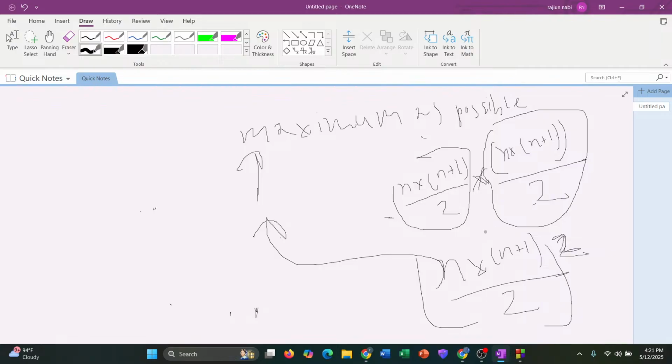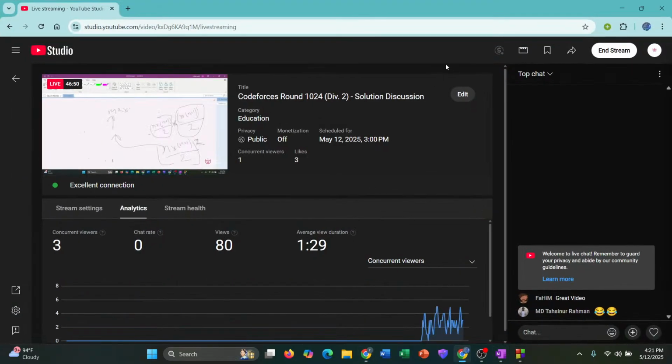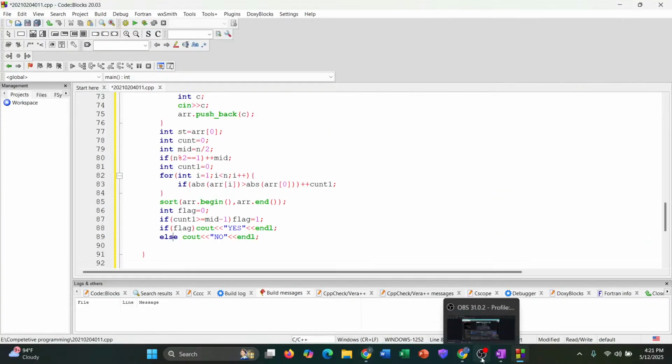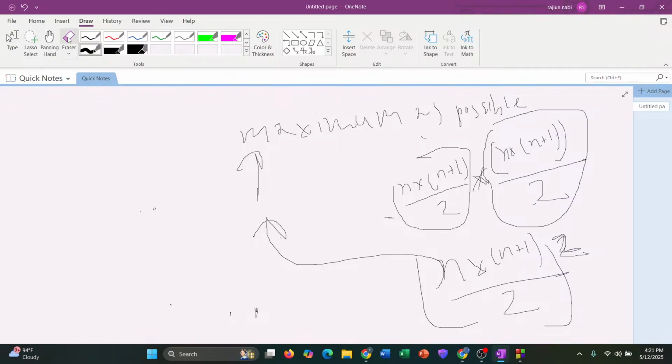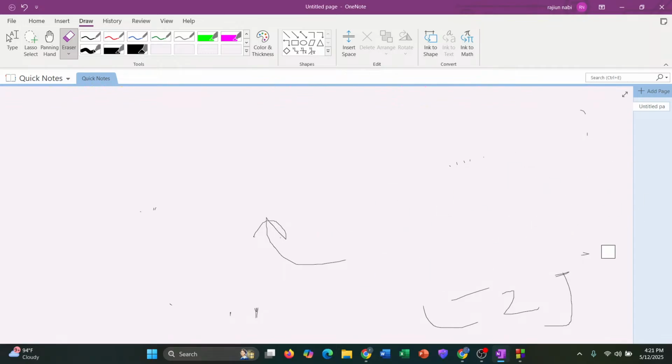So this is the problem statement. I hope you guys get a clear understanding of what the statement says. So let me tell you how to solve this.